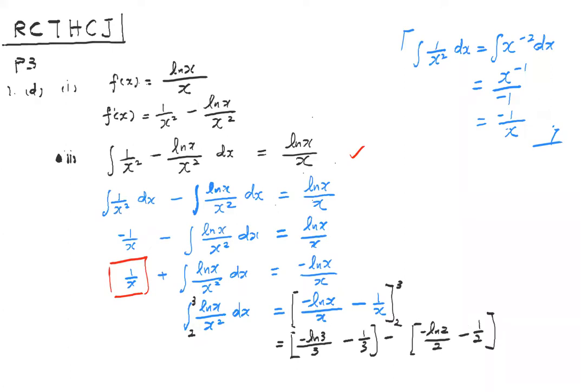Done. Then I can use my calculator to count certain part of it. So it will be ln 2 over 2, take away ln 3 over 3, and this part, I can use my calculator and count. And it will give me plus 1 over 6. That's it.